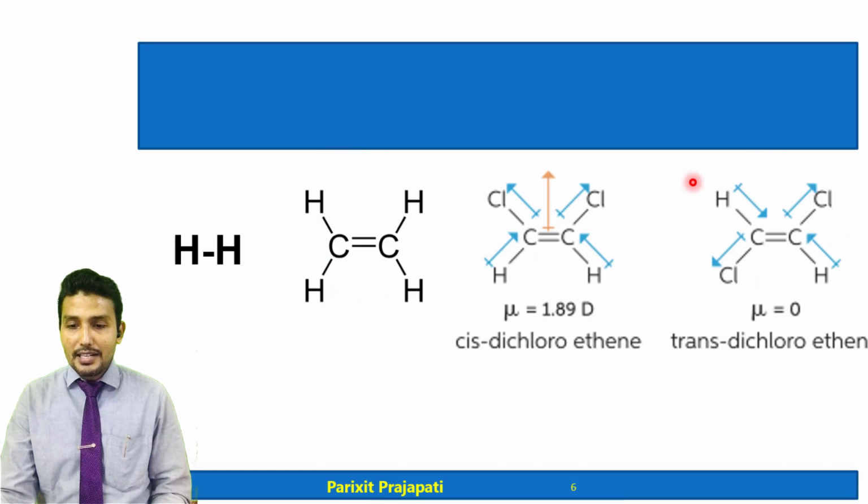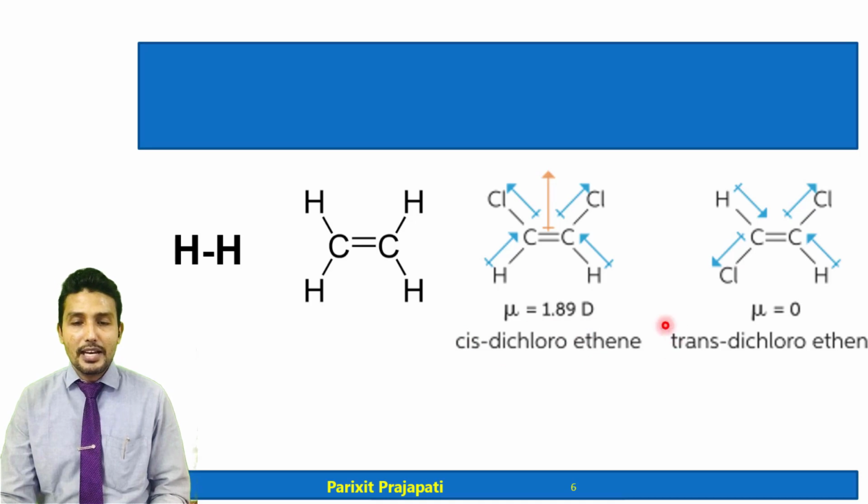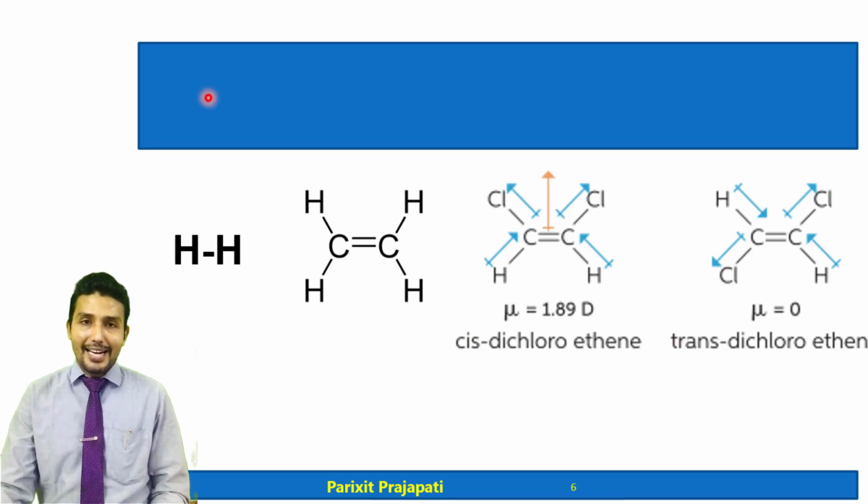In case of trans-dichloroethene, both chlorines are electronegative groups. They have a dipole moment, but they are cancelled out because of the opposite direction. So net dipole moment is 0 in trans-dichloroethene. But in case of cis-dichloroethene, both the chlorines are on the same side of the double bond. So that is why net dipole moment is 1.89 and that is why cis-dichloroethene is IR active.